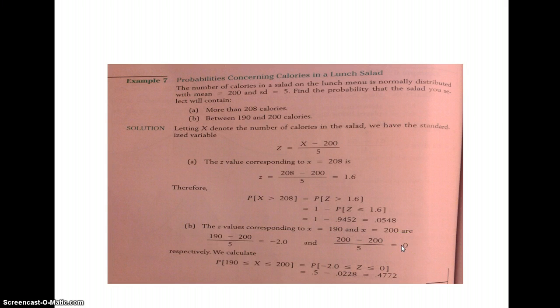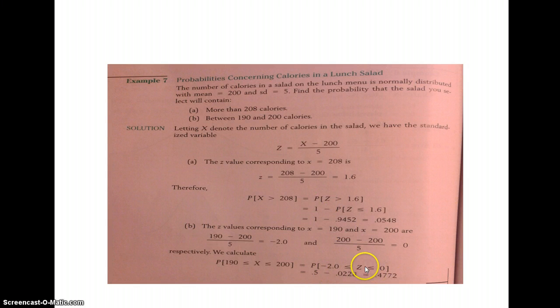So when the x value, the number of calories, is between 190 and 200, that is equivalent to the z value between negative 2.0 and 0. Because we convert 190 to negative 2, we convert x to z, and we convert 200 to 0 by using the same formula.